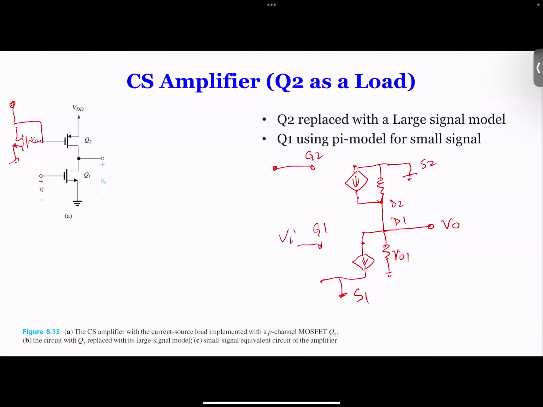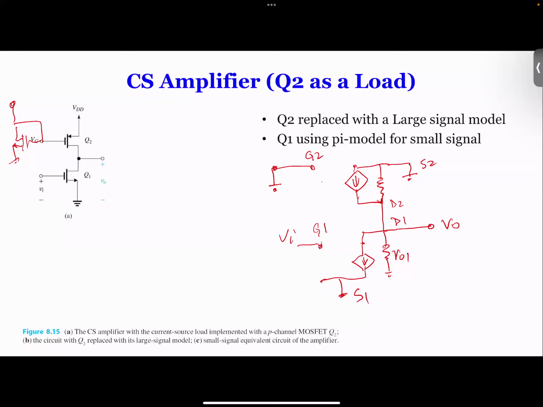So the only problem is, where is G2 connected? So in the example here, the G is a capital VG, which means the DC supply voltage equivalent. So basically we ground VG. Right? So this is very important, we ground VG.